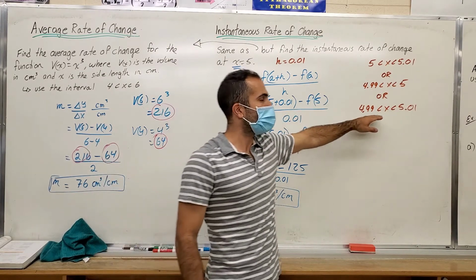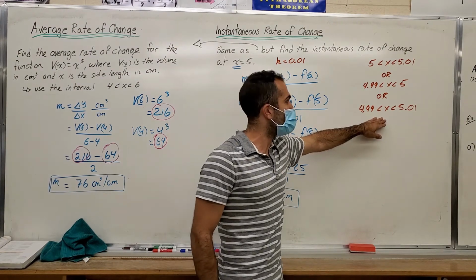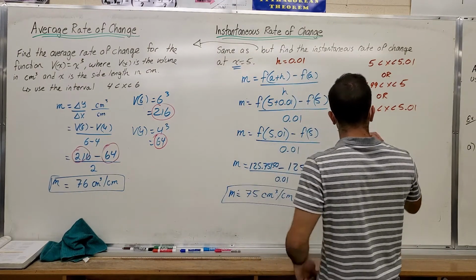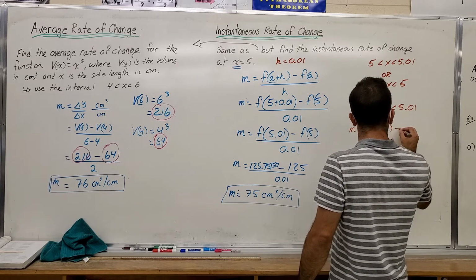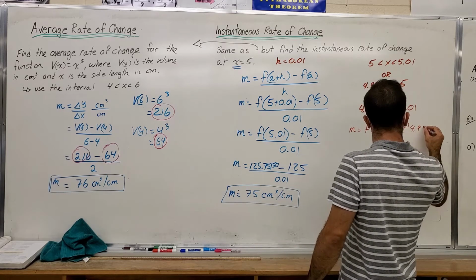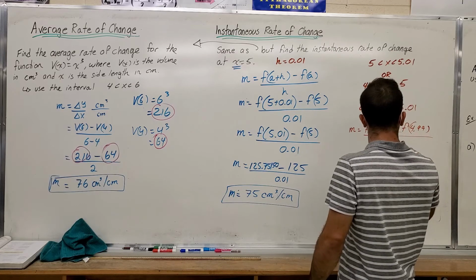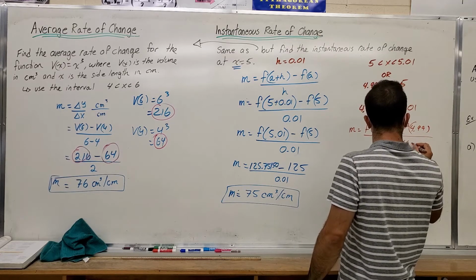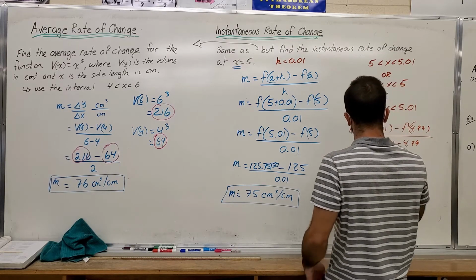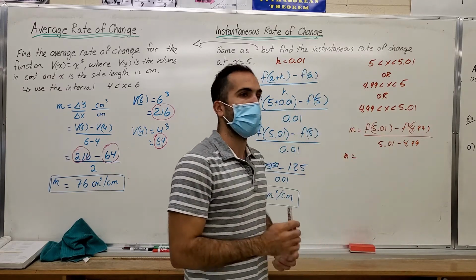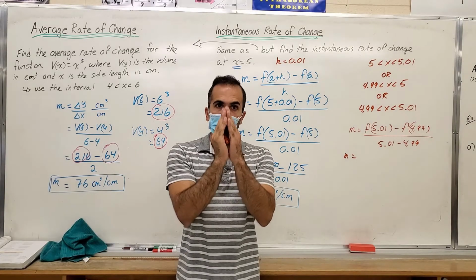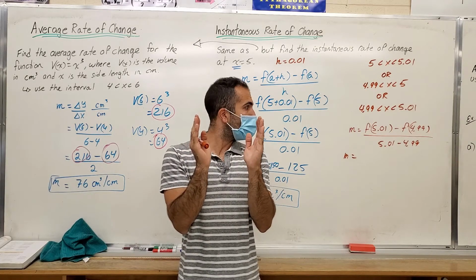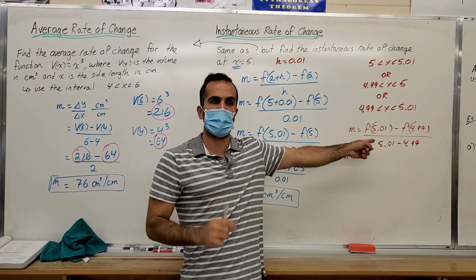I recommend centered interval, and let's see what happens. This is all I'm doing. I'm taking that 5, that value that I want to find the instantaneous rate of change. I'm finding small numbers on either side of them, and then I'm just going to plug them into my slope formula.